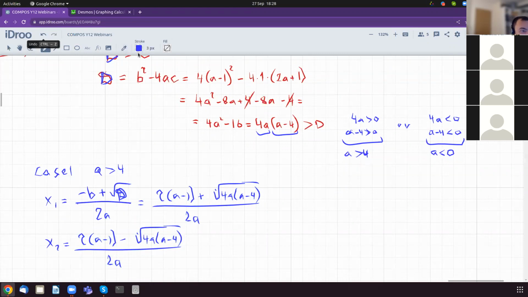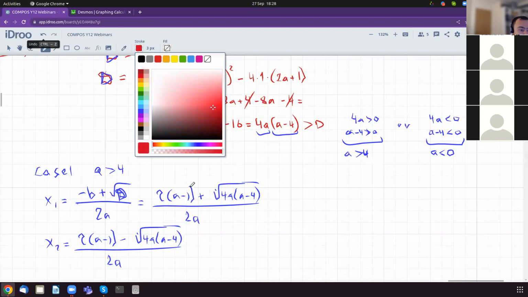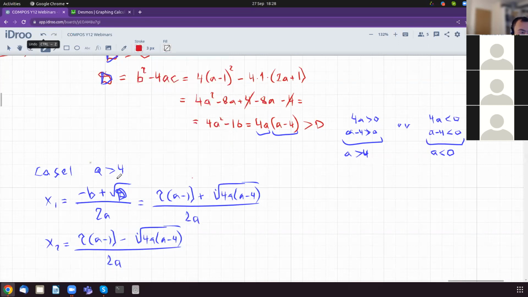Now let's analyze. Well, if a is greater than 4, this is positive. This is greater than 0, and this is greater than 0, so that's not a problem. So this is greater than 0.